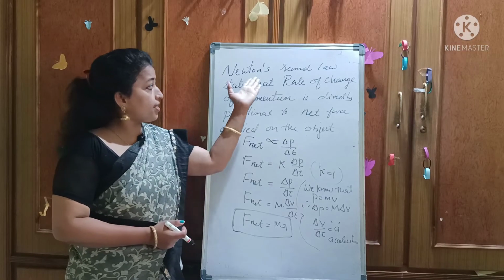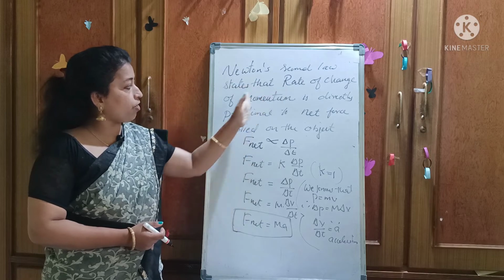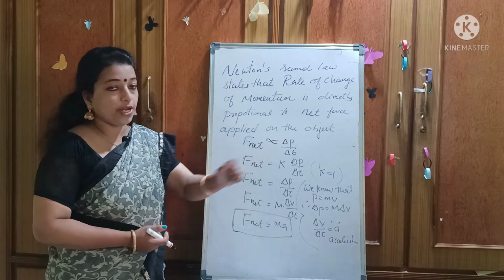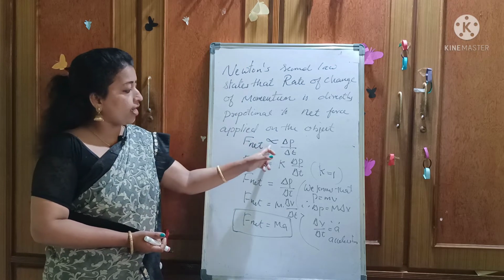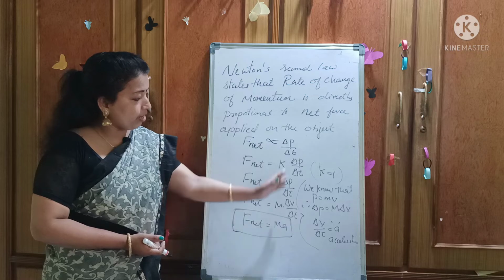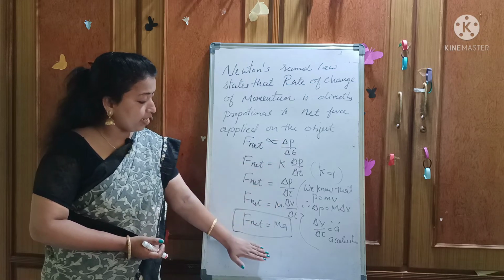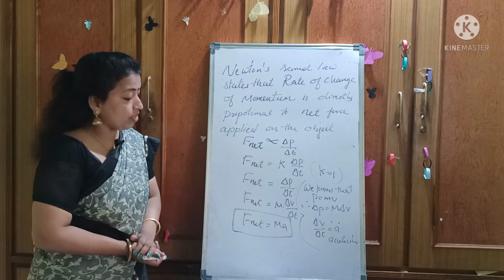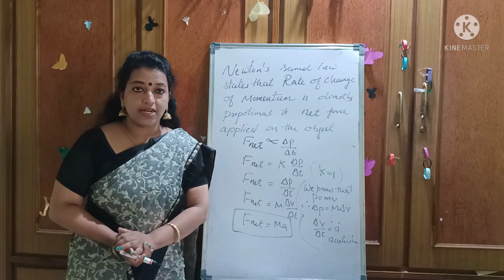Understood? Newton's second law states that the rate of change in momentum is directly proportional to the net force applied on the object. After deriving it, we are getting the formula: net force is equal to mass into acceleration.